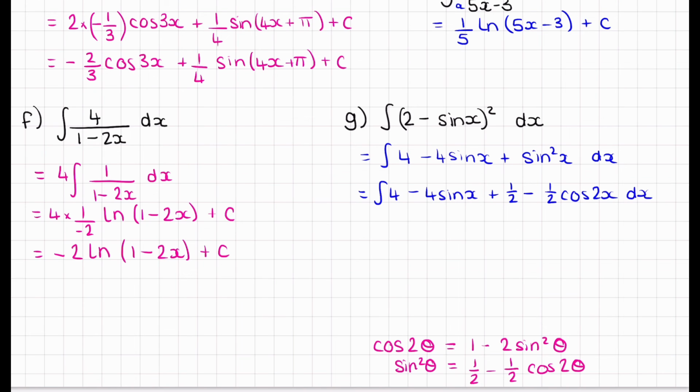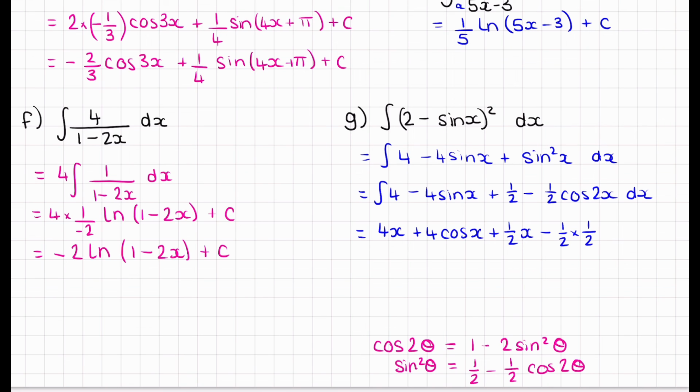And now we're going to do the integral of this, which would be 4x. Integral of minus 4 sine x is negative cos x, which means it would be a plus 4 cos x, plus a half will become plus a half x. Now with this part we'll have minus, the half stays, multiply it by 1 over a, which would be 2, because it's 2x after the cos.